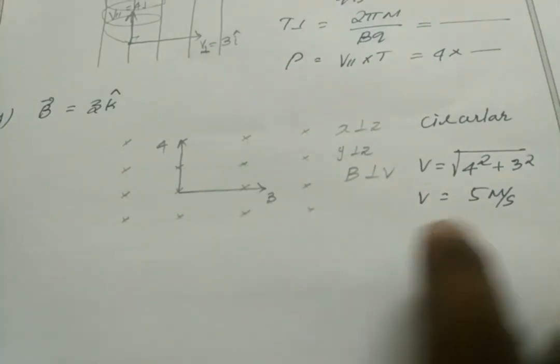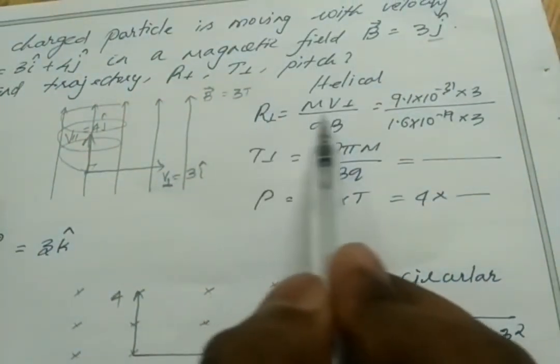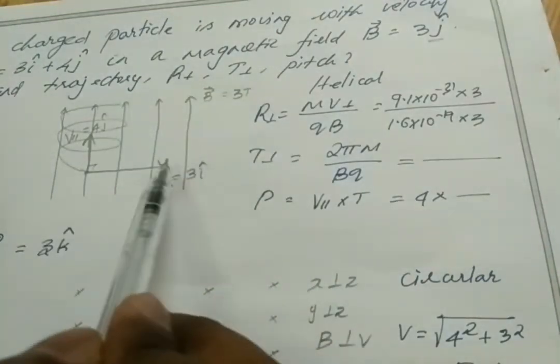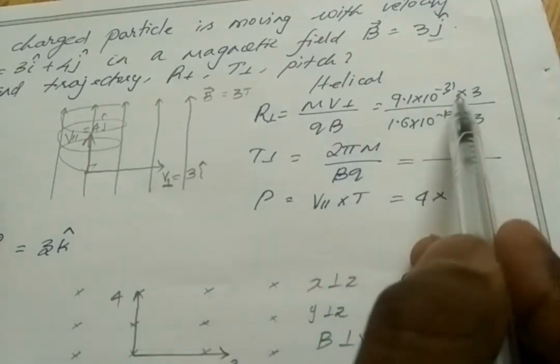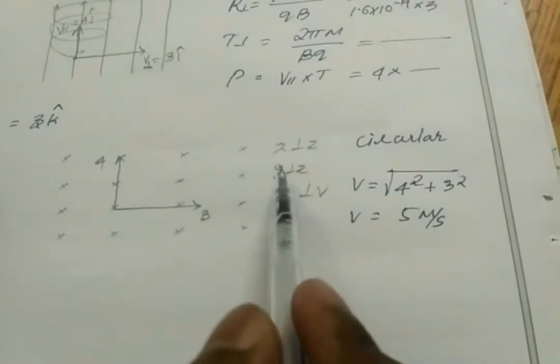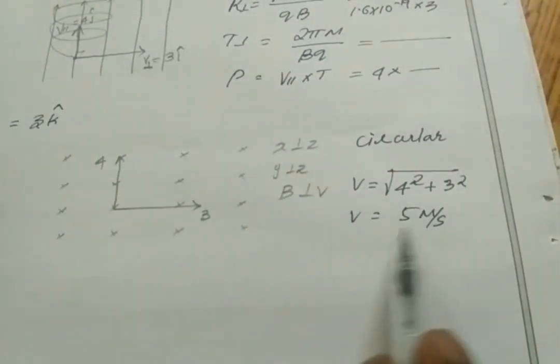Clear? In the previous condition, we only took the perpendicular value, because it forms circular motion in the perpendicular direction and linear motion in the parallel direction. But here both values are perpendicular, so we have to find the net velocity. The net velocity will be 5 meter per second.